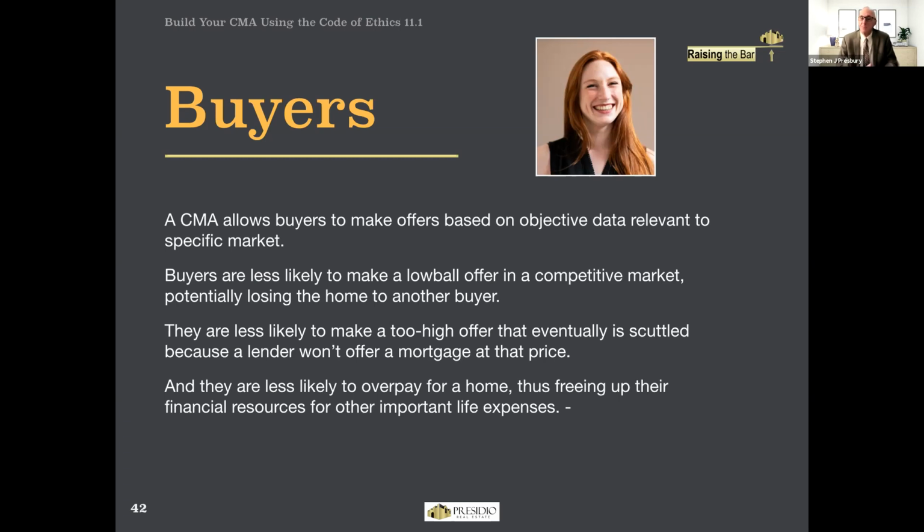It was over his budget. And we said, hey, this is what we're looking at. And he understood. He was sharp enough to understand that he had to put in a full price offer and not really ask for any concessions. And luckily he was able to get that house and we were able to move him in there.